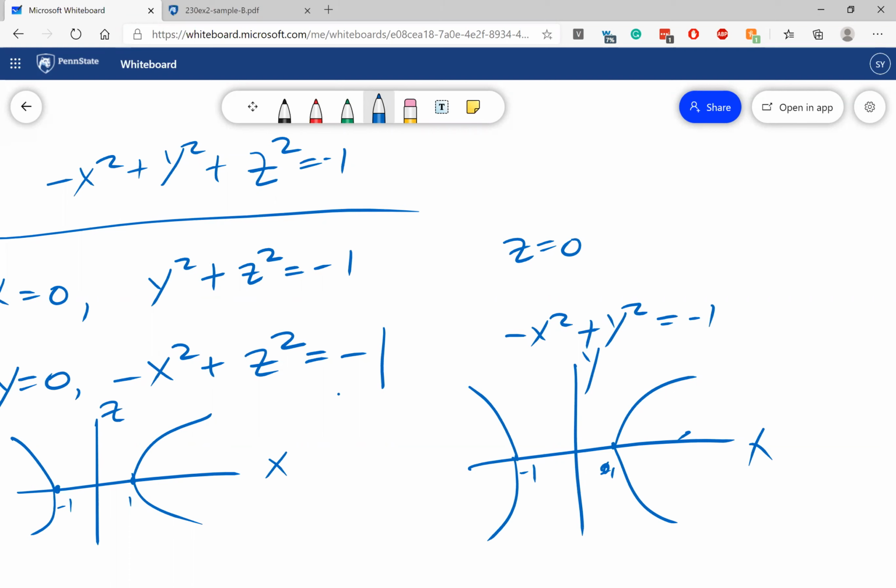And so this whole thing together would be a hyperboloid of two sheets. Any questions? Okay.